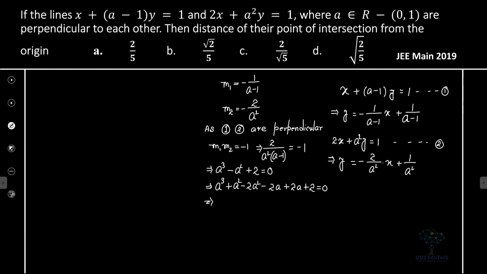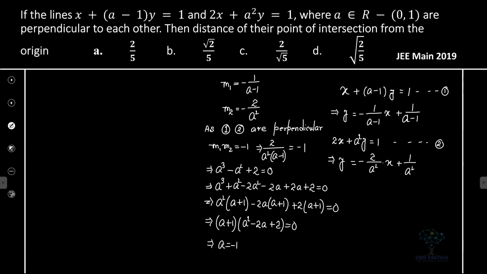If I take a square common, it is a plus 1. If I take minus 2a common, it is a plus 1, and 2 common gives a plus 1. That implies (a plus 1)(a square minus 2a plus 2) equal to 0. So what is the value of a? That's definitely a equal to minus 1, and a square minus 2a plus 2 equal to 0.